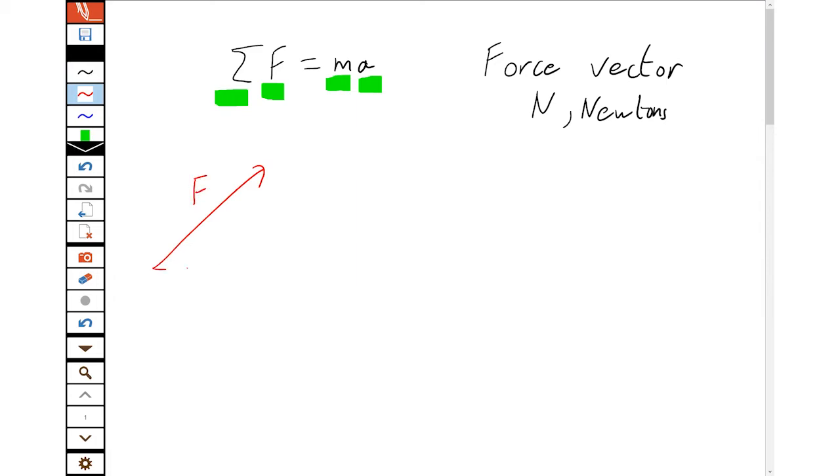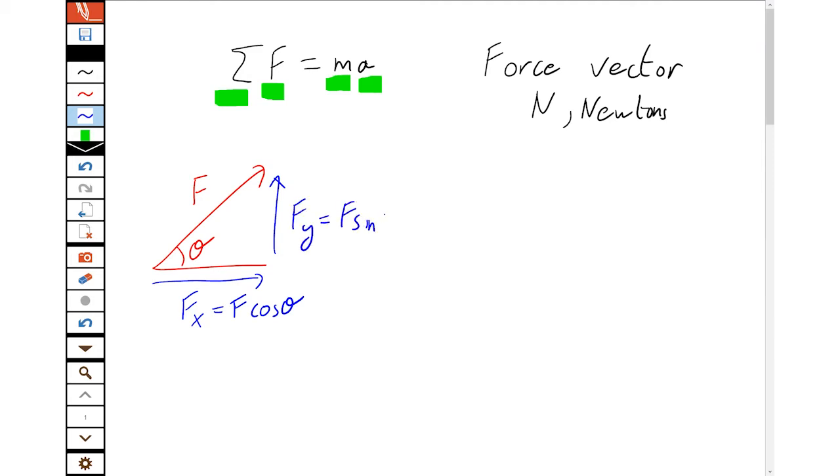If we have a force at some angle to the horizontal, we can break it into the horizontal component, which is the force times the cosine of that angle, and the vertical component, which is the force times the sine of that angle. And then we can do our force equations in x and y. And that's how we'll solve the vast majority of any of these problems.